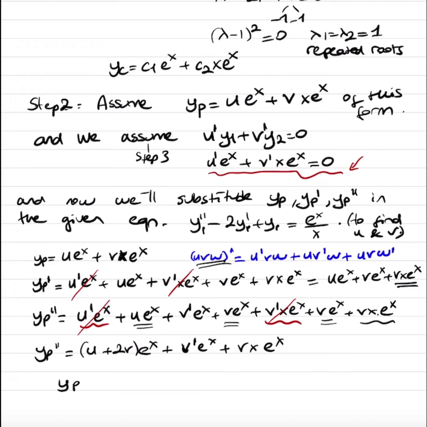So now yp double prime minus 2yp prime plus yp is equal to e to the power x over x. Okay, I will copy these things.